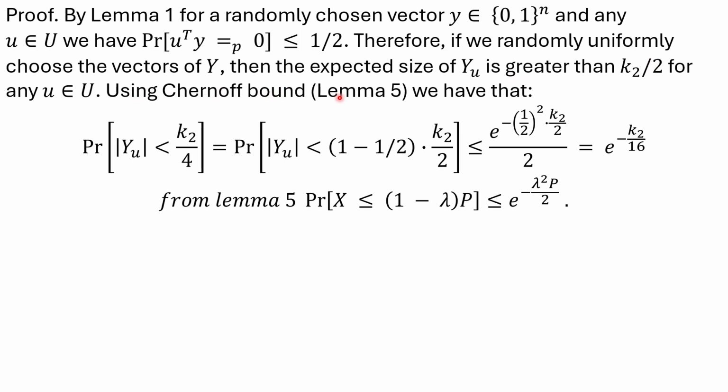Using Chernoff bound lemma 5, we have that the probability that the size of yu is less than k2 divided by 4, this equals the probability that the size of yu is less than 1 minus half multiplied by k2 divided by 2. Then we can use lemma 5, where lambda is half and p is k2 divided by 2. We get this inequality right here.